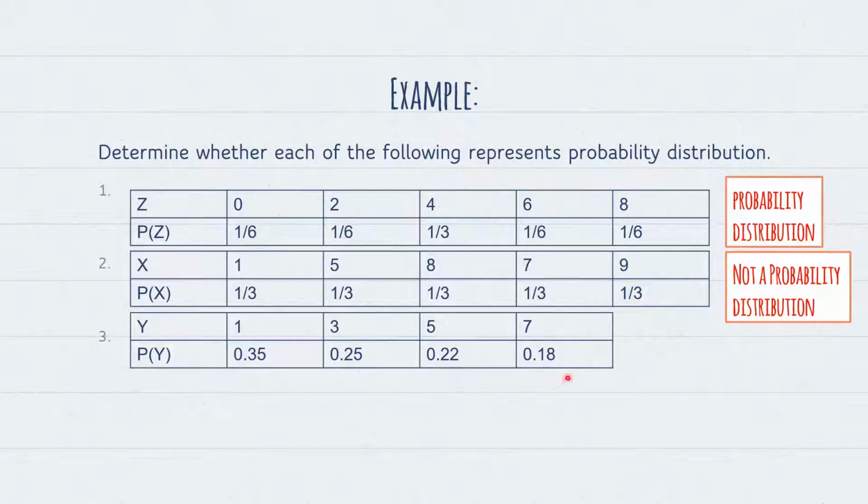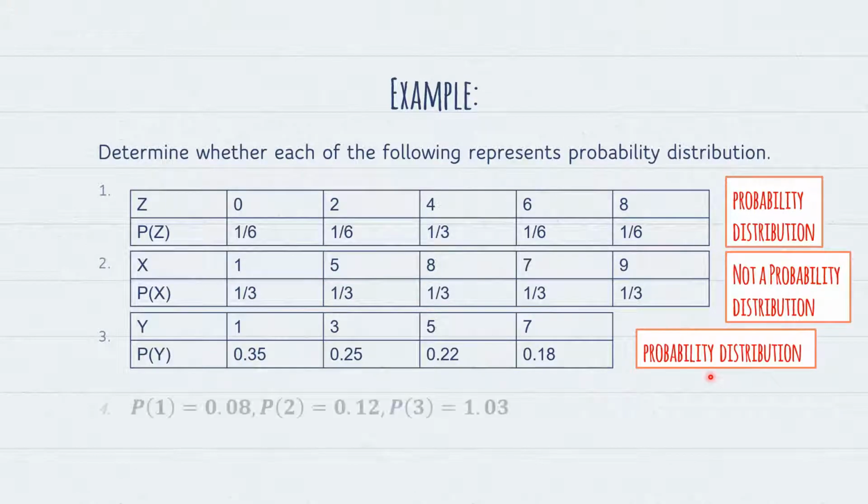Plus 0.18, we have 1.00. So we have 1. Since their sum is 1, therefore, this is a probability distribution.